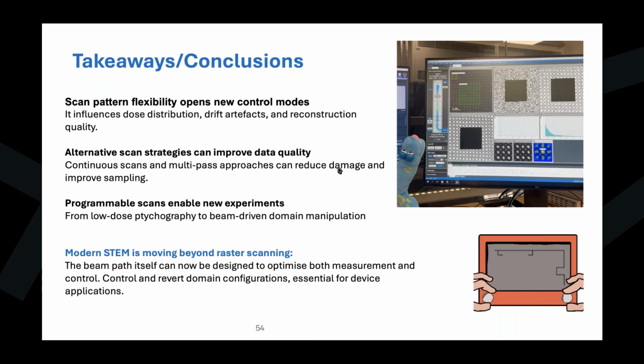Many research groups around the world, research centers, universities, and independent companies are really focused on different types of scanning and how that can help improve the data they are acquiring. And that's super important for very beam sensitive materials, specifically biological materials.